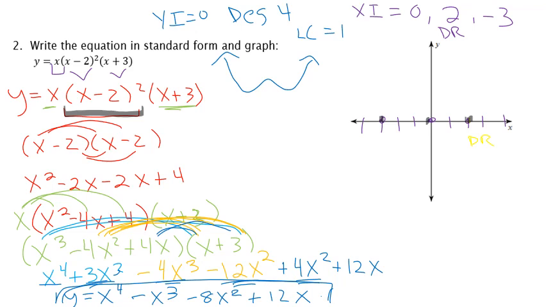So now what we're going to do is do our best. I know it starts up here, so I'm going to go down, maybe going to go up, maybe going to hit here, and I know it's going to bounce. And just do my best to make that W shape, knowing the y-intercept is also 0. And this would be how we would do a sketch of that graph.